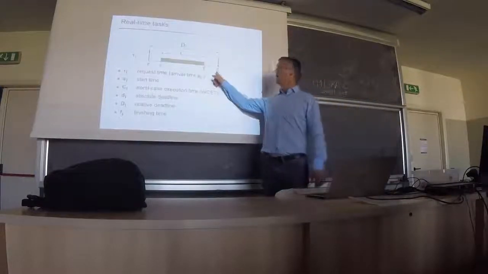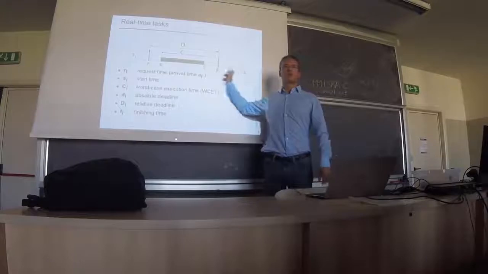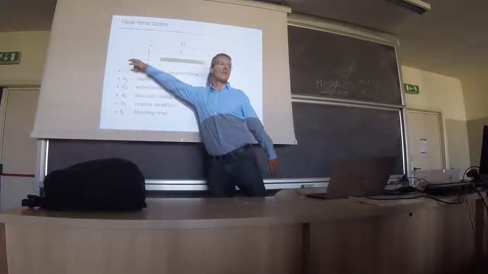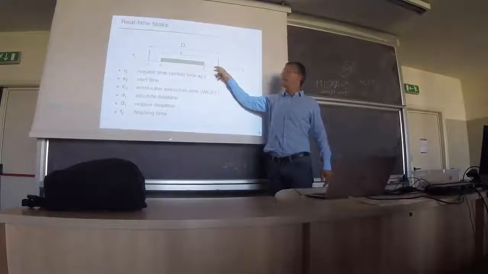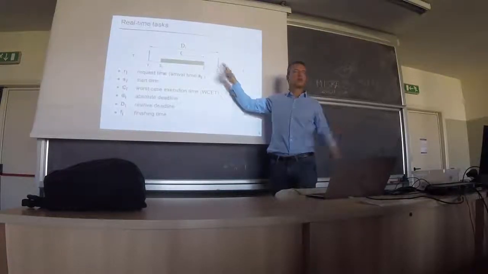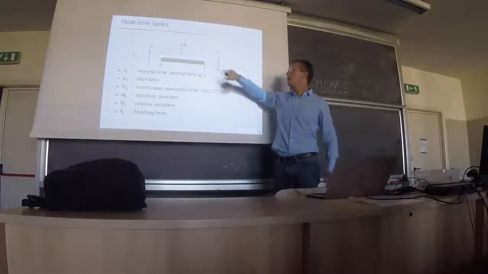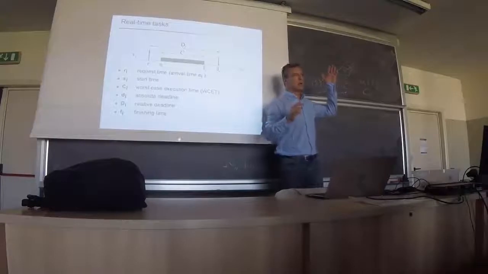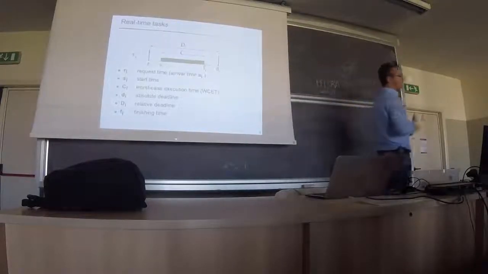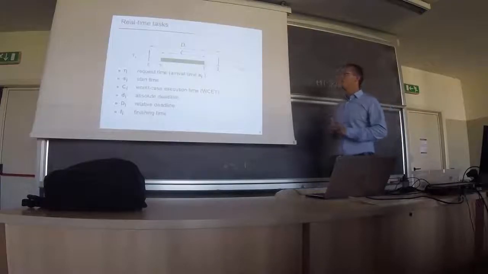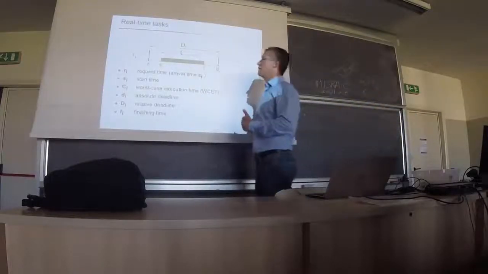The absolute deadline is an absolute time instant. If this is time and the beginning is 0, this task may have a deadline at 1,000,000, for instance, if time just goes on. This is the absolute deadline: the amount of time since the origin of times by which I would like this activity to have ended.